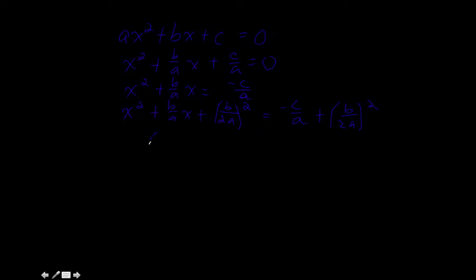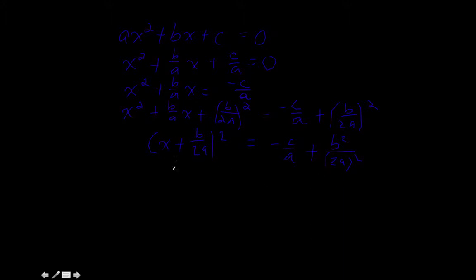Okay, so what I've built over here then is x plus b over 2a squared. It's just like before. This equals negative c over a plus b squared over 2a squared.